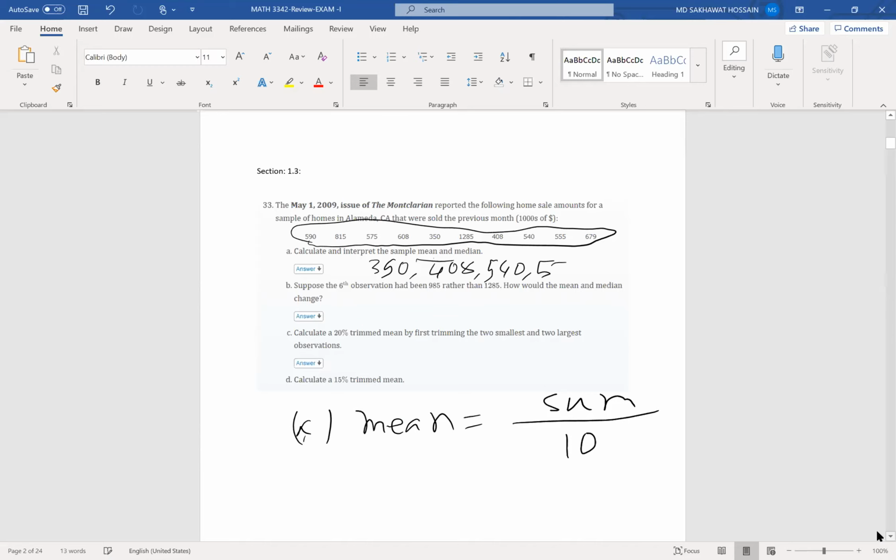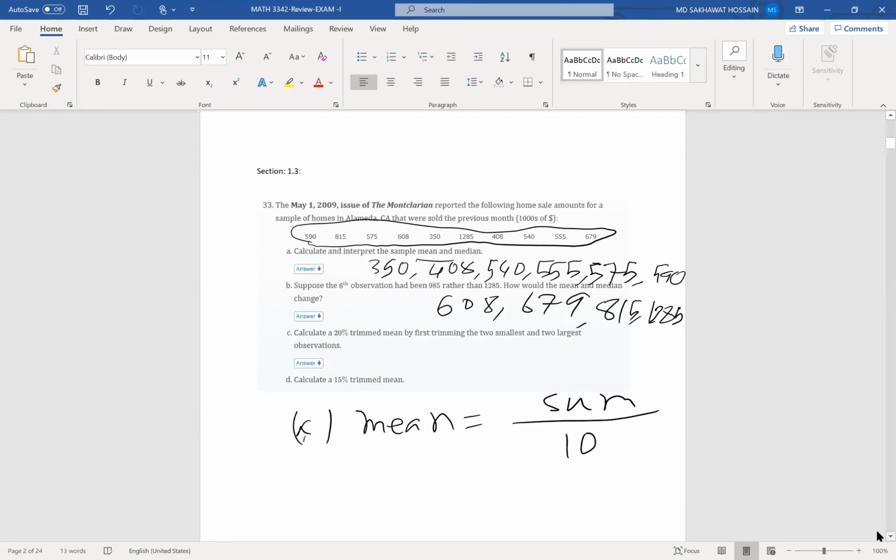Then 555. Then 575. Then 590. Then 608. Then 679. Then 985, then 1285.